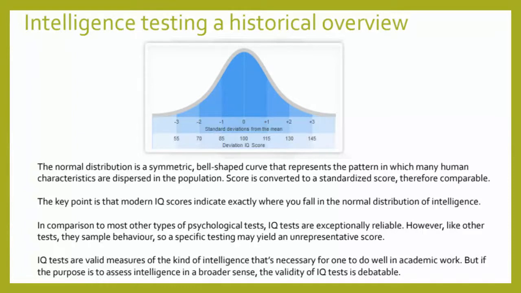But again, it's something that is controversial, because if the purpose is to assess intelligence, like we said, intelligence is a very broad concept. How valid IQ tests are can be debatable. So there are other tests that would be done or other situational factors that need to be taken into account. And we see this when we look at intellectual disability.